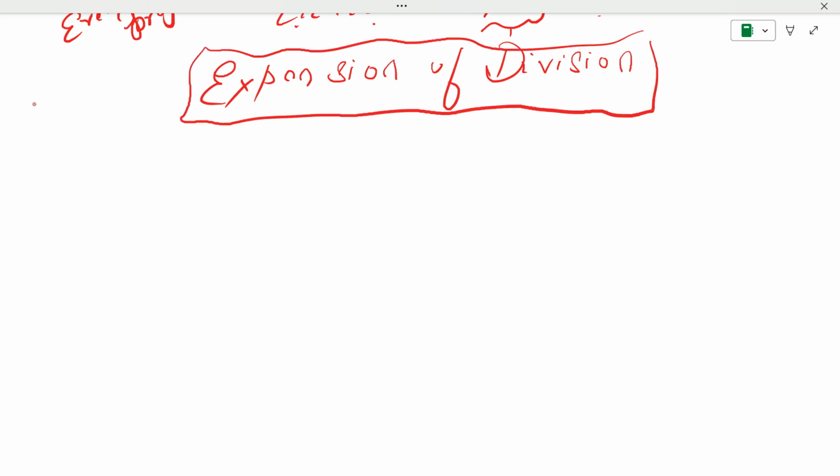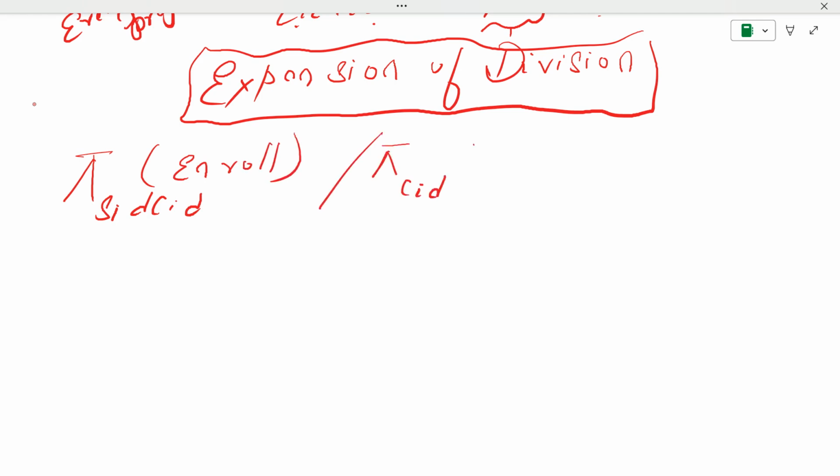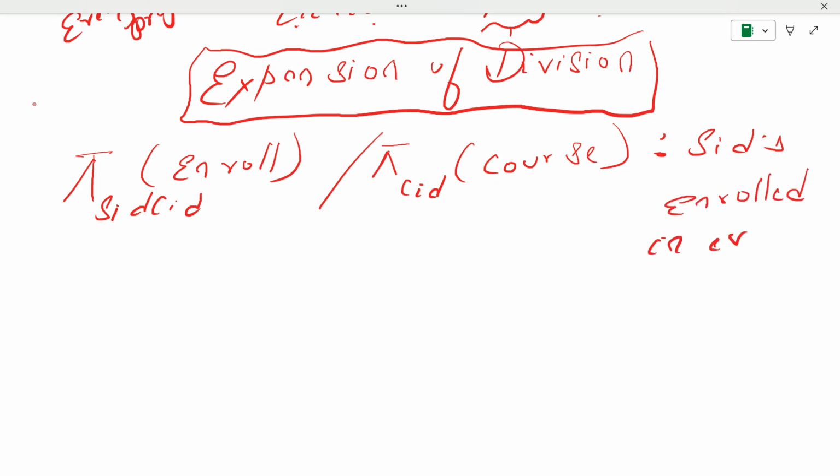Now, if we write projection of SID, CID from enroll, and we are dividing it with projection of CID from course, then we get the SIDs enrolled in every course.